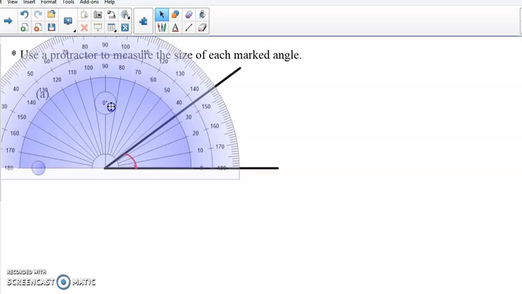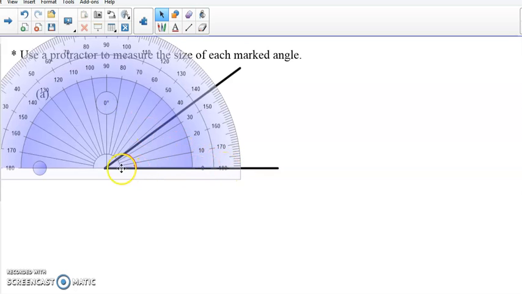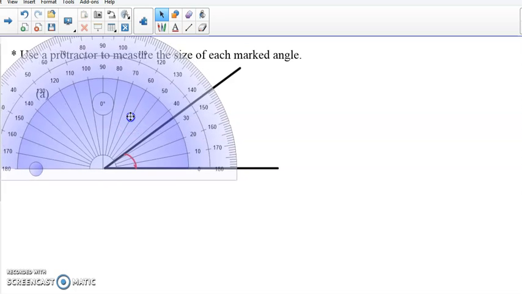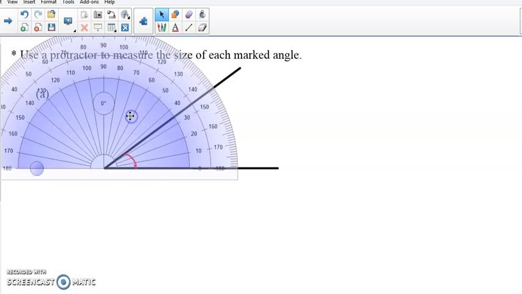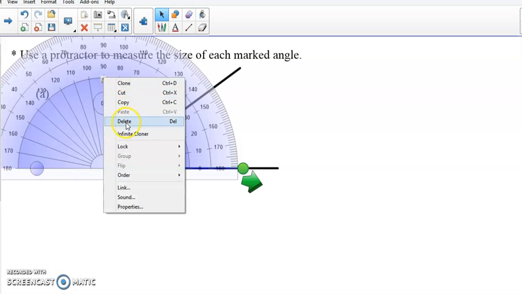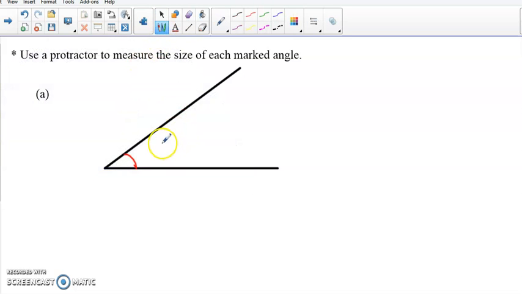I place it here. Make sure that it goes to 180. I have to place it properly. See that? Okay, that's fine. Now measure from here to here: 30, 34, 35. See, that gives us 35 degrees. So this angle is 35 degrees.